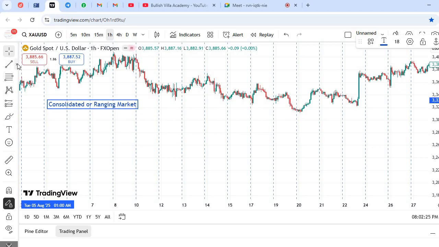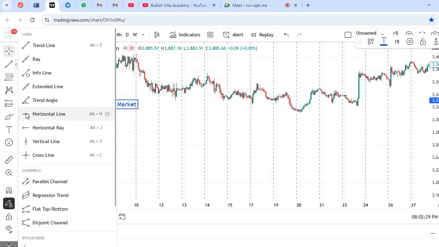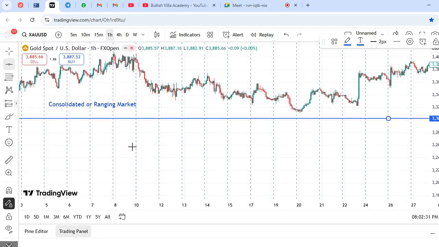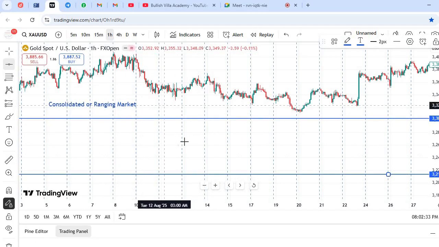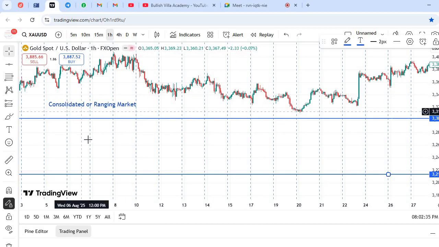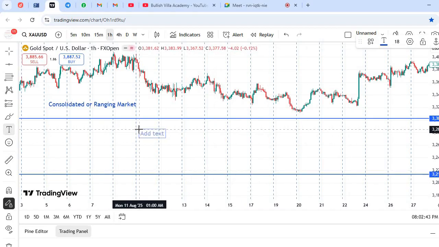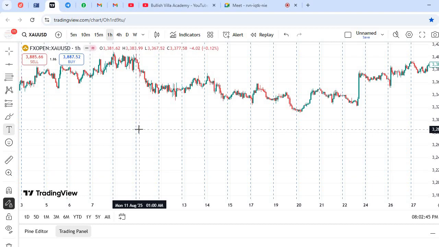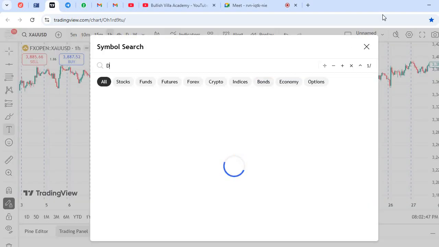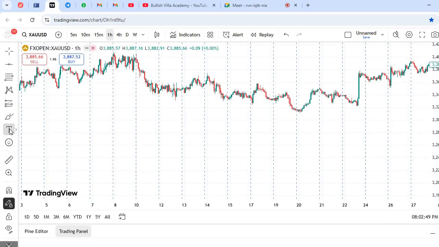Please let's pay attention. For the consolidated markets, we have a horizontal line above and below. The one below here, we'll call demand or support.